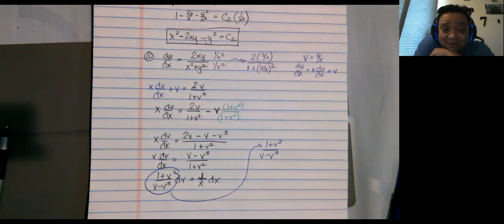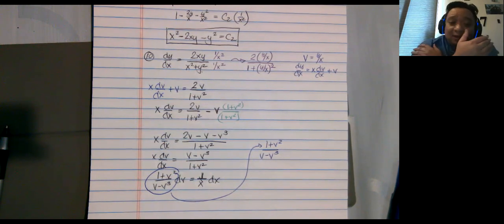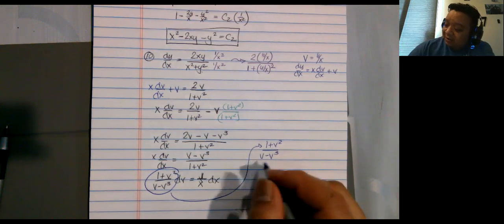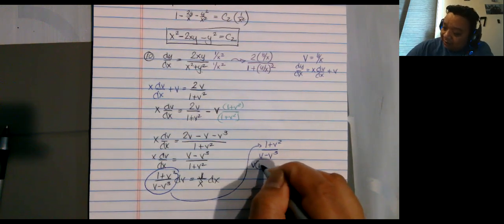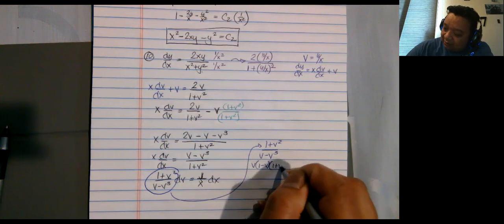So this time though, your denominator factors. If I factor this out, this would be v times 1 minus v times 1 plus v.